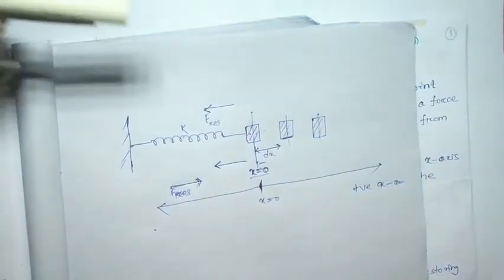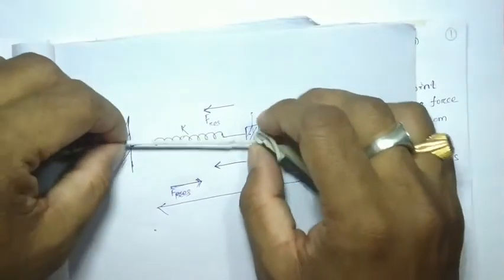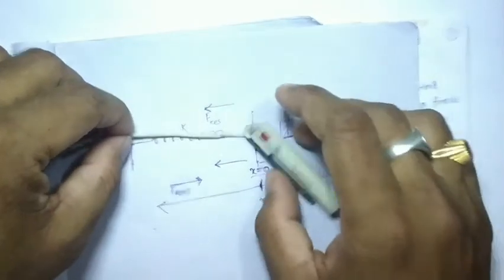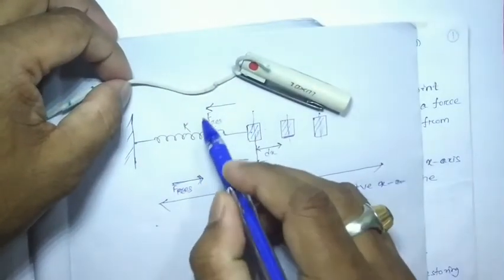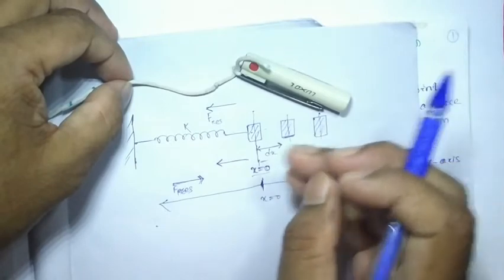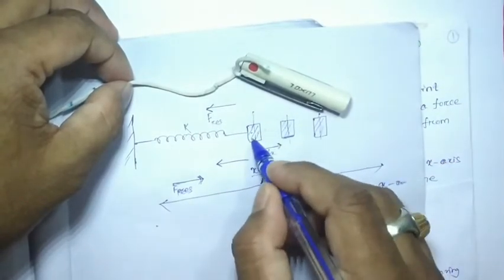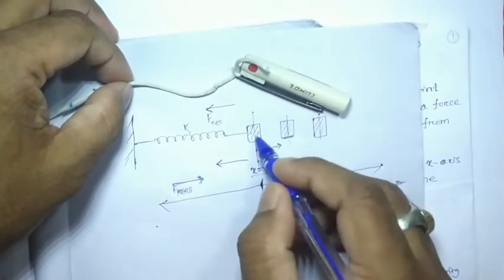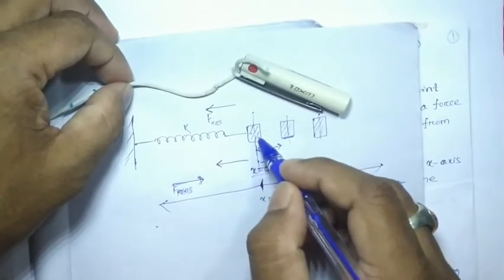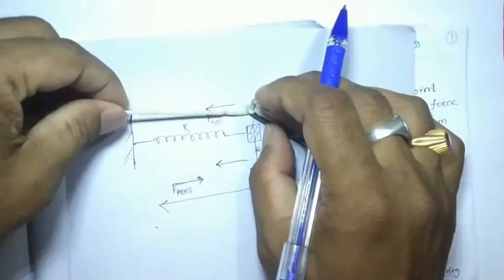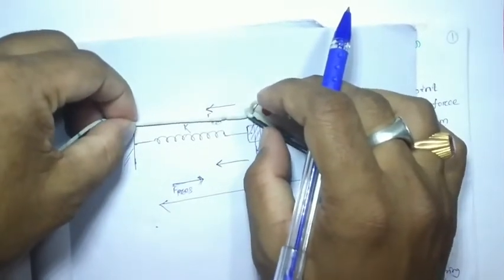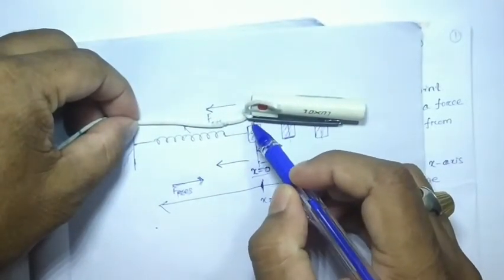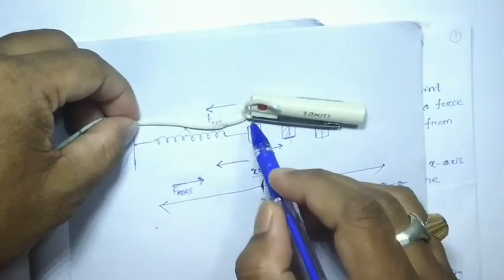Now one thing you have to observe, this is your equilibrium position. Another thing is that the restoring force always tries to return the body to its mean position. It tries to pull the body back to its mean position. Suppose this is the original position at x equal to 0. You just mark this point, the initial position.